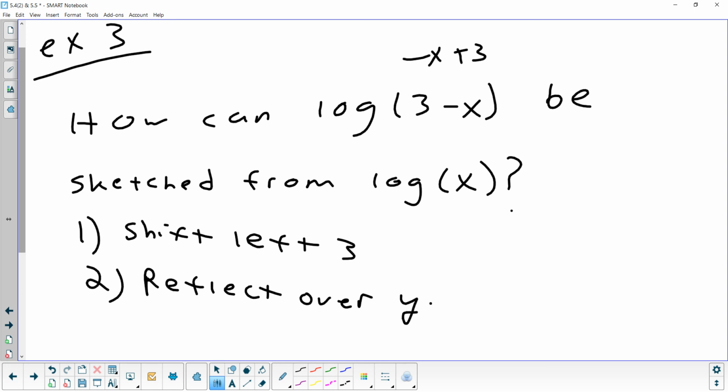over y-axis. So now if I asked you what is your vertical asymptote in this one, I would do this. Find out what you would have to plug in for x to make the argument 0. And the answer is 3.